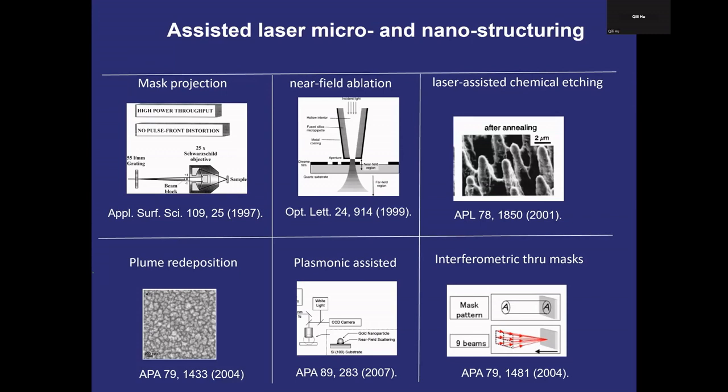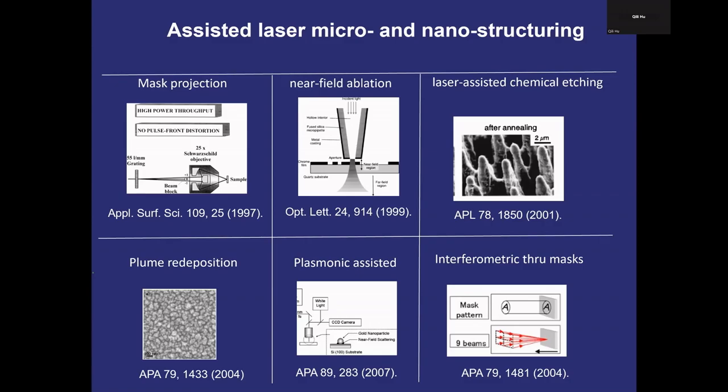Here are some early works. If you look at all these examples I listed here, they are all based on the fact that you cannot just use a femtosecond laser alone, you have to add something else. For example, mask projection, near-field ablation, using a microscope, using a chemical reaction, you use certain assisting tools to try to make the femtosecond laser process the material at a smaller scale.